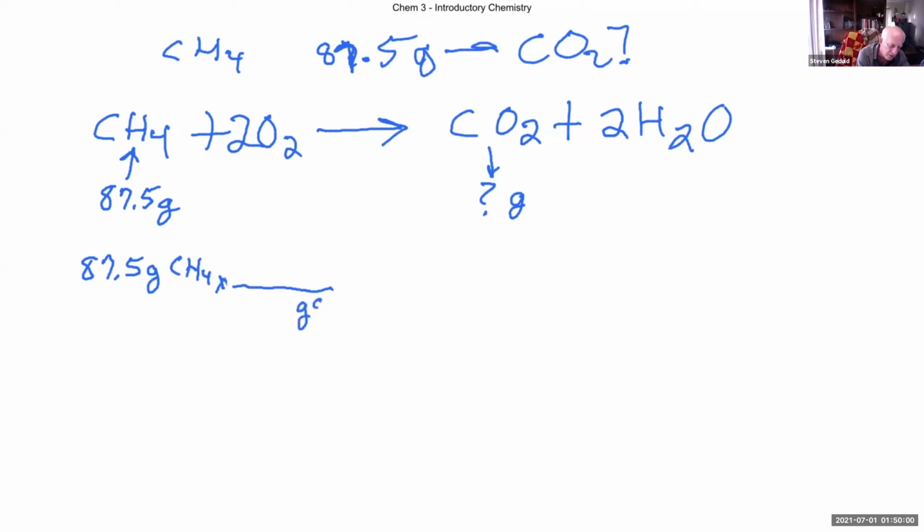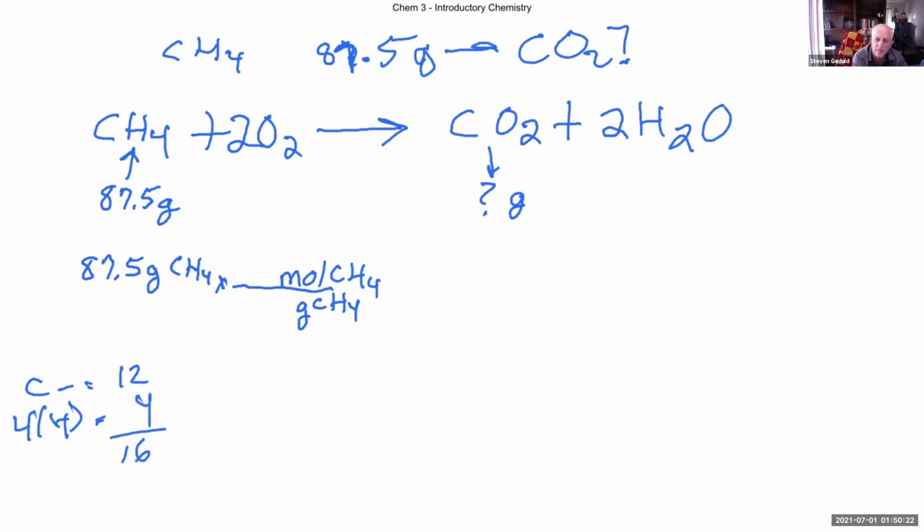So we have grams of methane to moles of methane. Carbon, we have 1 carbon, and we have 4 hydrogens. 1 carbon is 12, 4 hydrogens is 4. So we have 16 grams per mole.